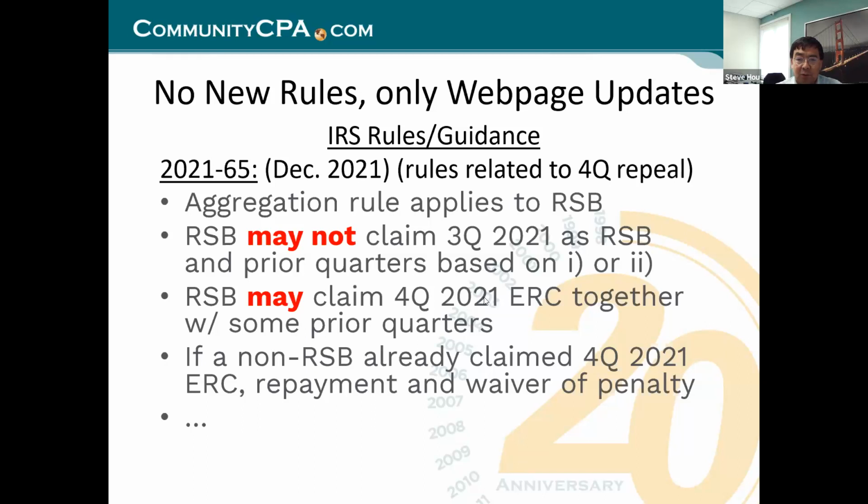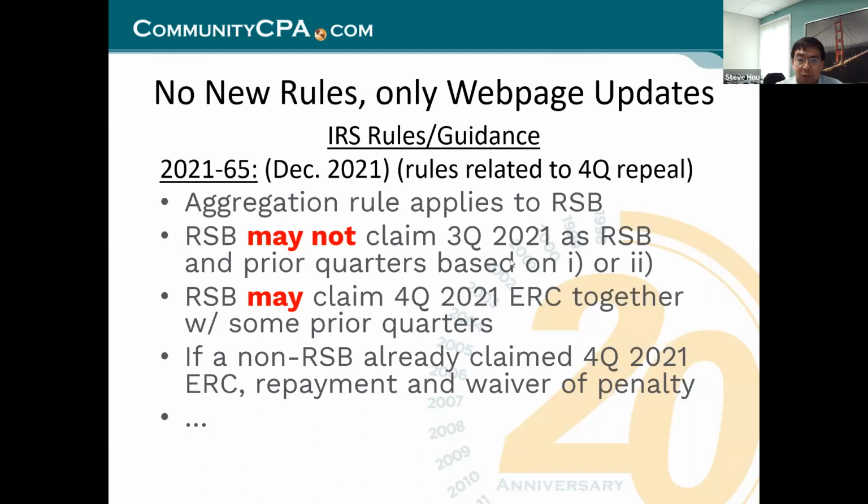But you can skip third quarter and then claim fourth quarter. You can claim second quarter and the fourth quarter. So the fourth quarter as an RSB, because you're a recovery startup business, and second quarter you claim by the government order rule. Okay, so you can combine that way, but you cannot combine the third quarter with the second quarter.